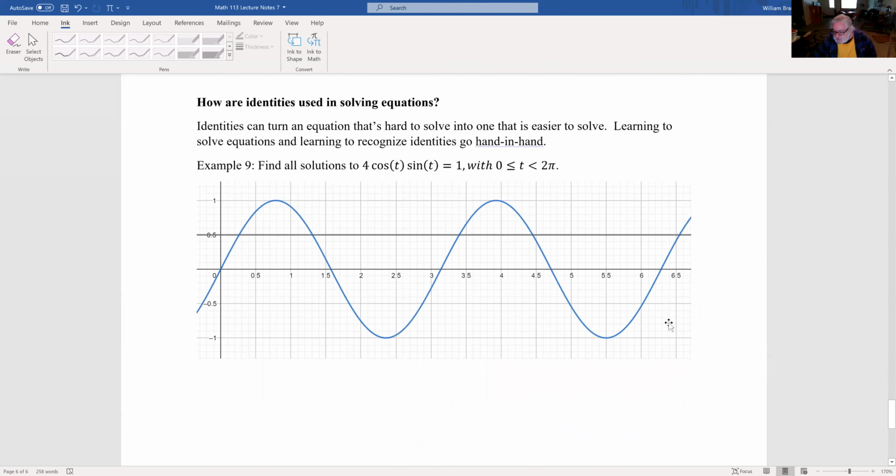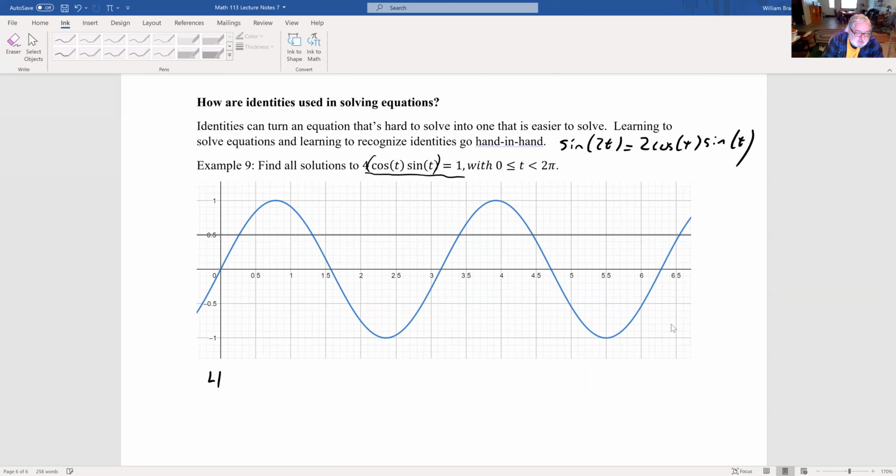Okay, what about identities? I know everybody loves identities. So how can you use identities to solve equations? Well, here's an equation. Now the problem here is that we've got cosine times sine. Everything we've dealt with before either had cosine or had sine or had a tangent. Now we've got a mixing together of functions. So one of the identities we have is that sine of 2t is equal to 2 cosine t sine t.